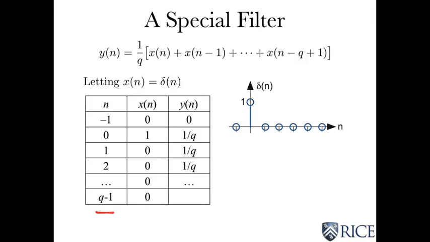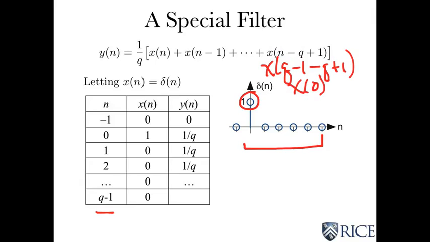And that turns out to be right here. So if you look at this last term, it corresponds to x of q minus 1 minus q plus 1. Well, that's x of 0. So this is going to be the last time in which our filter grabs the input at time n equals 0.